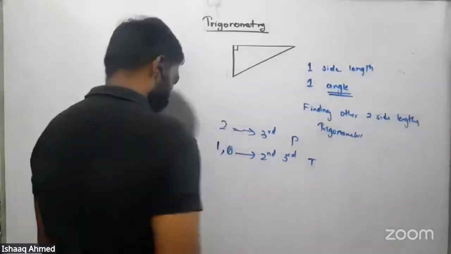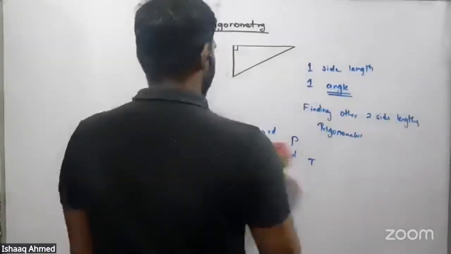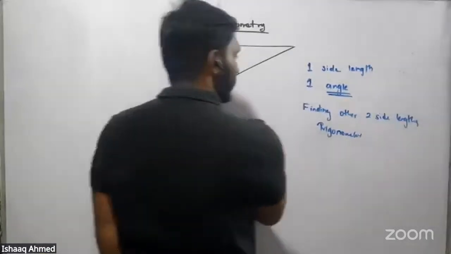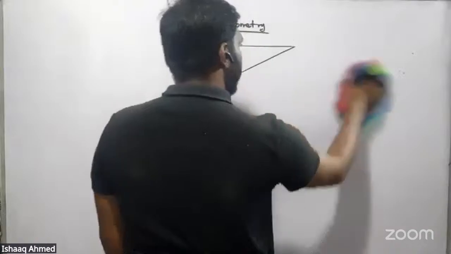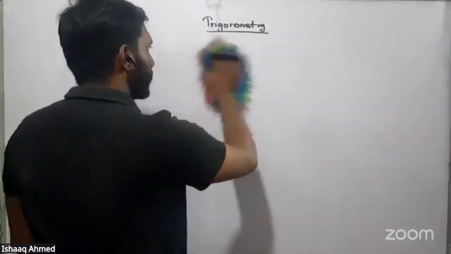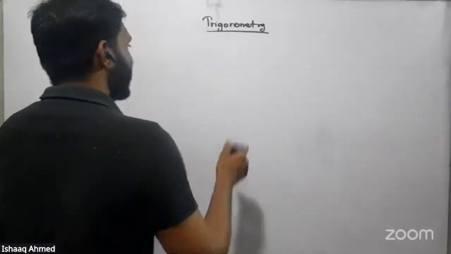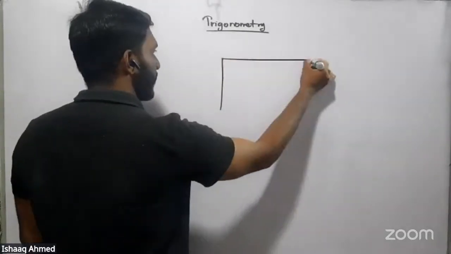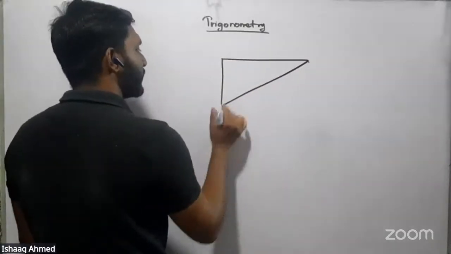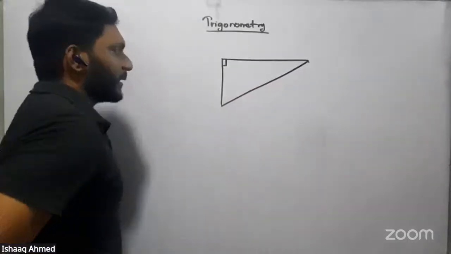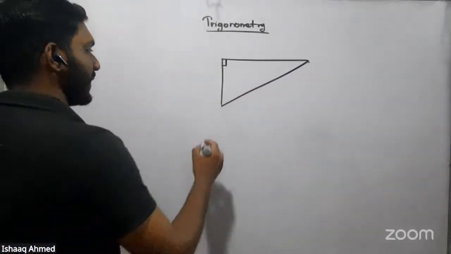Now, how can we apply trigonometry? Like I said, you need at least one side length and one angle, and the triangle needs to be a right angle triangle. So consider this right angle triangle.